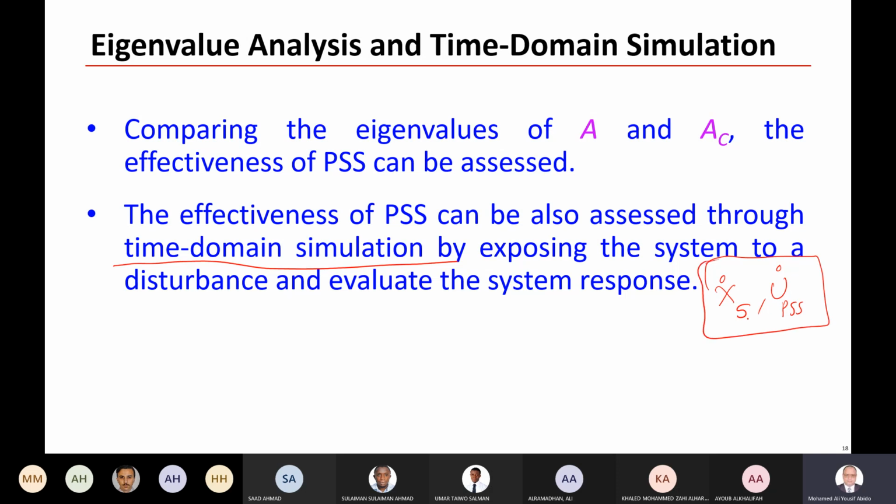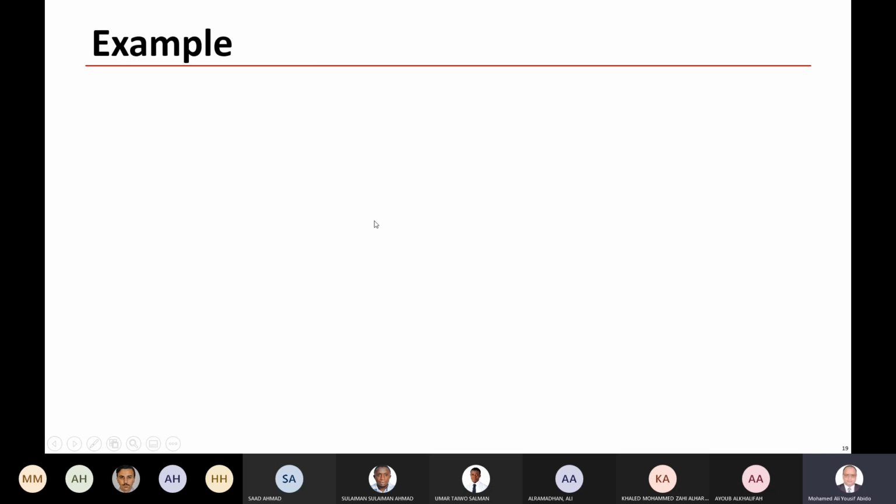All the parameters are now known, T1, T2, and TW. So you can add these two equations and simulate the system with the power system stabilizer now installed. And you can, of course, apply some disturbance in terms of mechanical power and reference voltage and see the performance of the system. Maybe this is for the open loop, and definitely we need this for the closed loop system. Damping would be better.